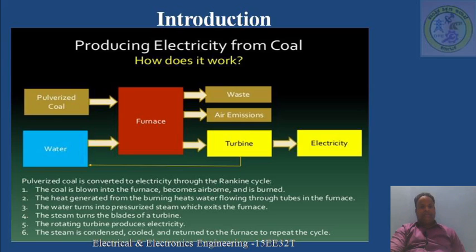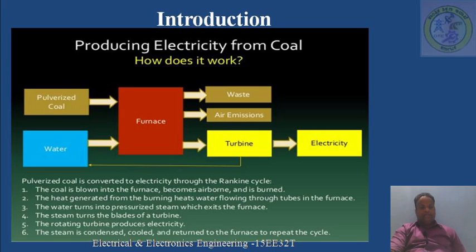The water turns into pressurized steam which exits the furnace. Next, the steam turns the blades of a turbine. The turbine rotates the alternator, and electricity is produced.